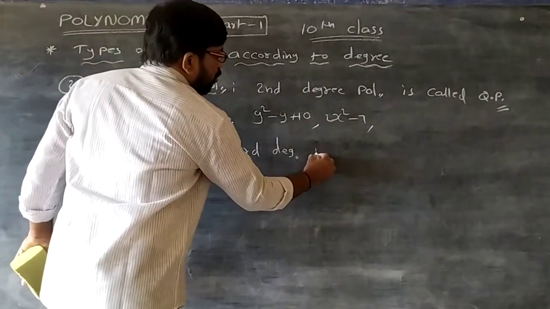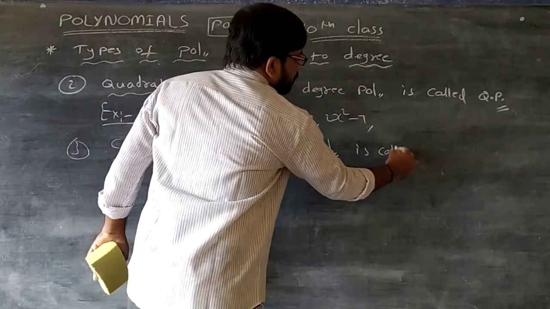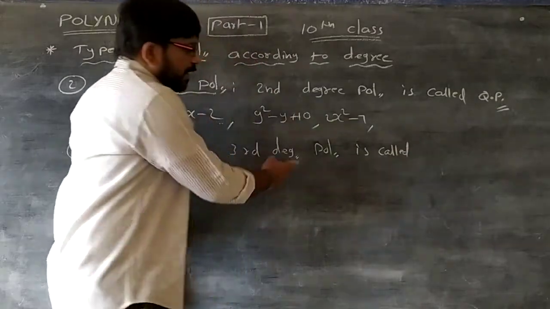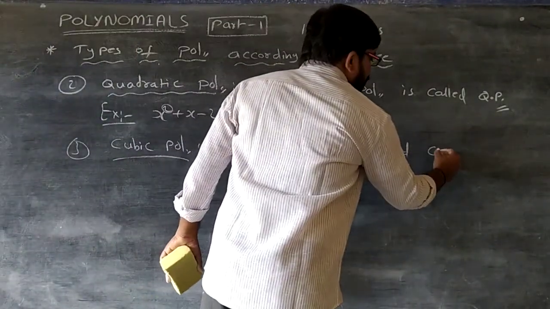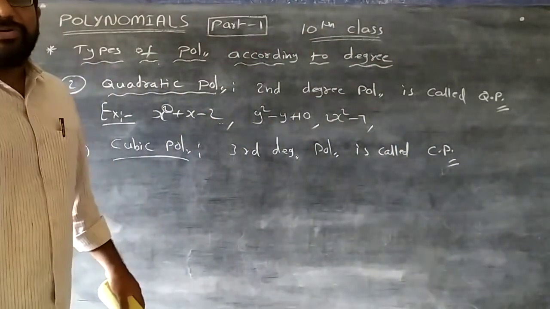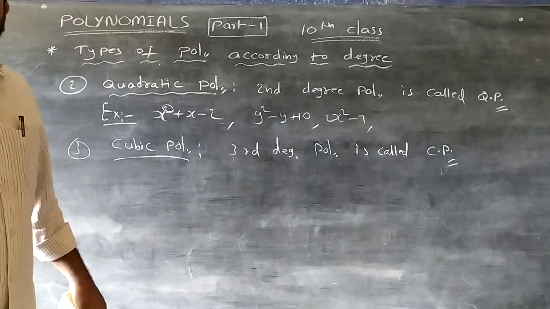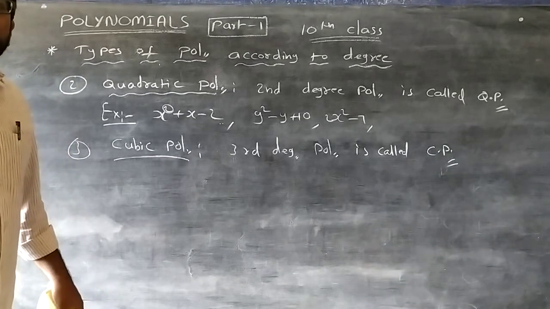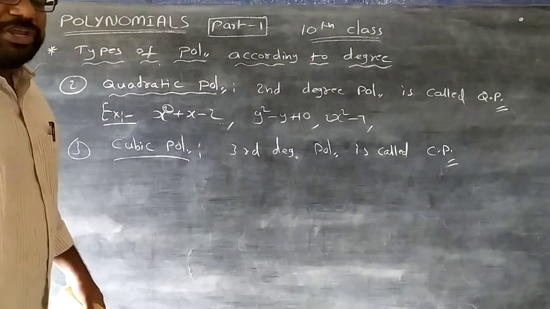CP means cubic polynomial. So if the degree of a polynomial is 3, then that is called cubic polynomial. The degree of a cubic polynomial is 3.